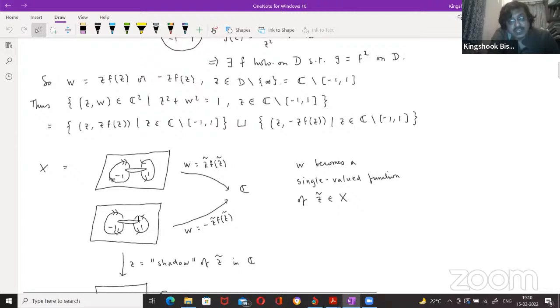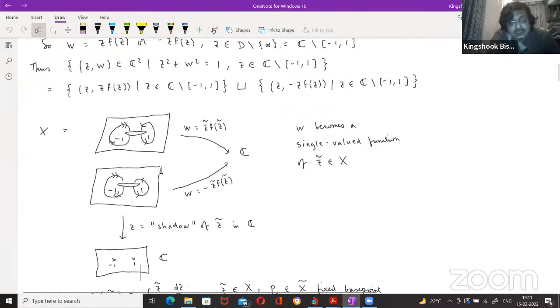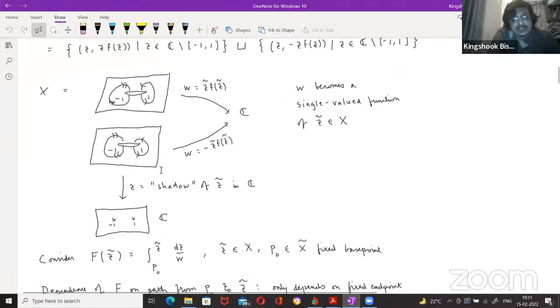So now you have a nice two-sheeted surface. This is a Riemann surface according to Riemann. And in this Riemann surface, W is now a single valued function of the variable. So now we have a variable z tilde on this Riemann surface. And the z coordinate, so we can represent our algebraic curve as this Riemann surface.